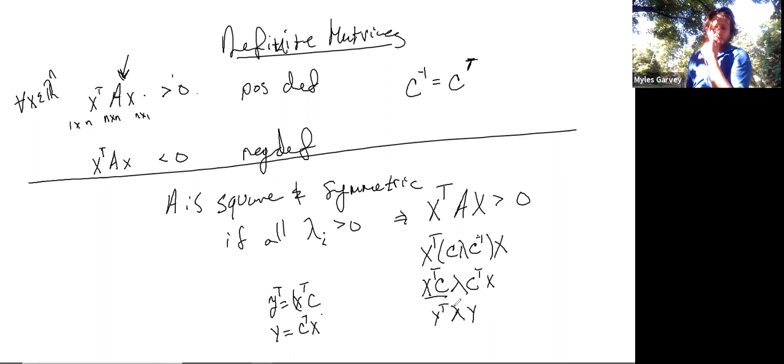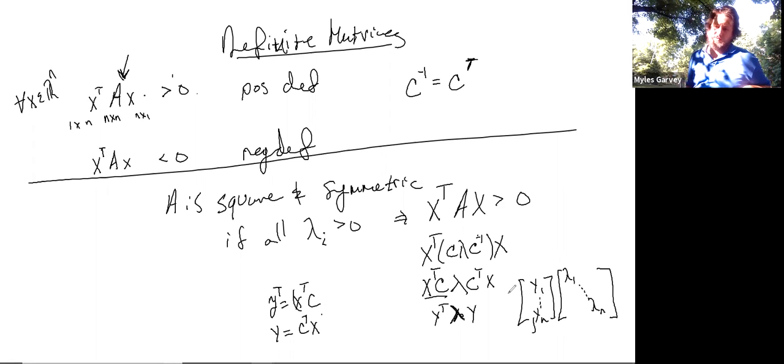Now, if you were to work out the math of this, let's suppose this is y1 to yn. Because this is a diagonal matrix of just the eigenvalues, and this is technically a column, row.